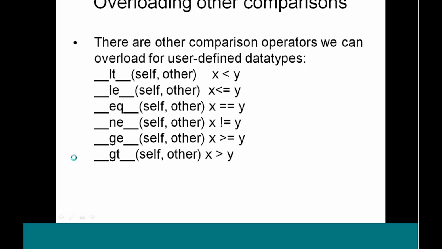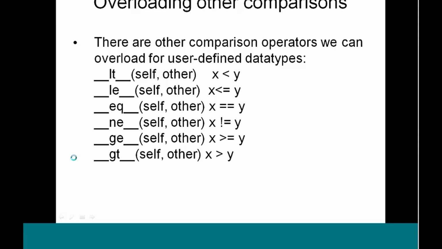Now we don't have to stop at overloading the equal to sign. We can also overload other comparison operators, like __lt__, that is x less than y, or __le__, which stands for less than or equal to, and the same thing for __eq__, which is x equal to y, and __ne__, which is not equal to.